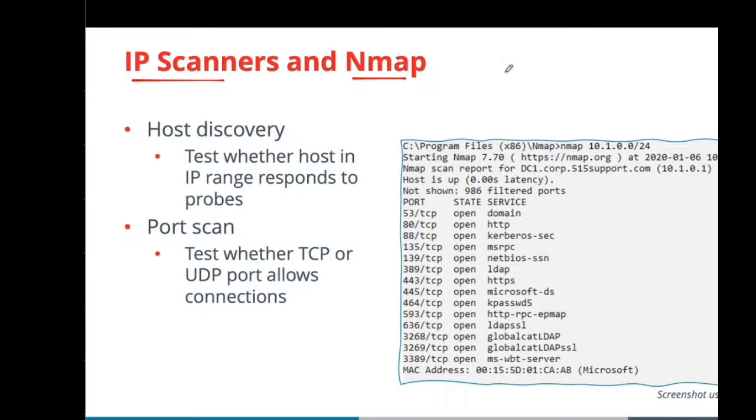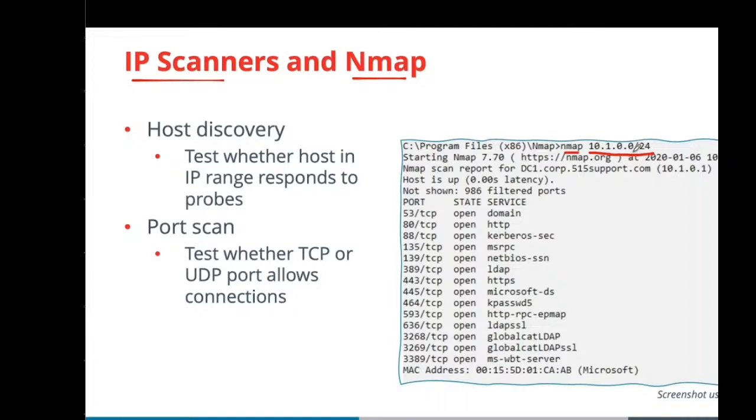You can see the syntax over here: Nmap space 10.1.0.0/24. That's basically the host name, the IP address range. This Nmap command will go and try to ping and get the open ports in all the 255 IP addresses, starting from 10.1.0.1 to 10.1.0.255.